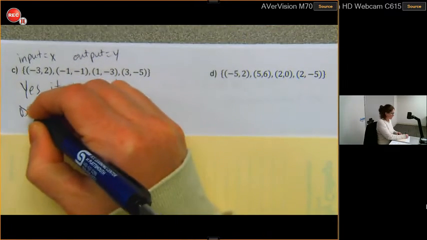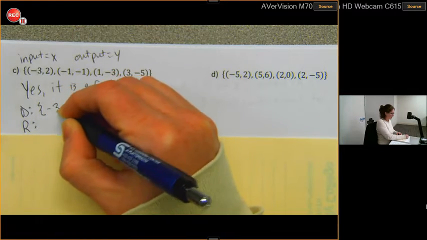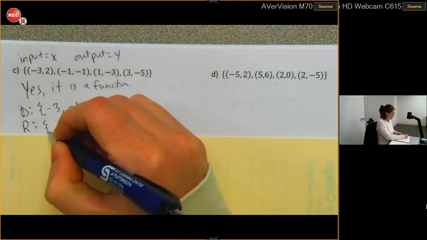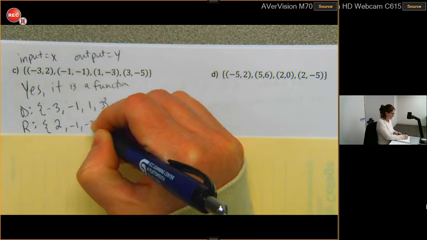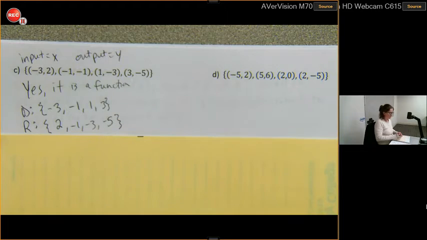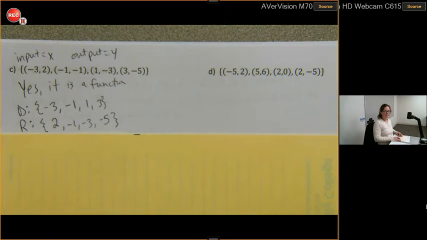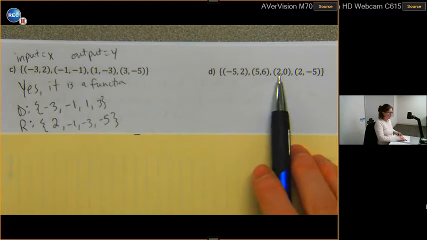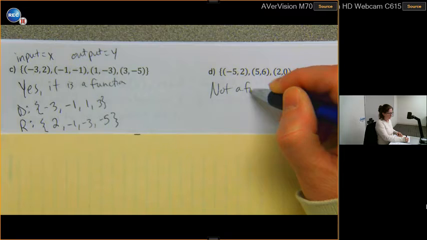Since it is a function, we can identify domain and range. The domain is the set of all the x values. The range is the set of all the y values. Looking at letter D, to tell if it's a function, I look at the x values and I notice a repetition. Therefore, this is not a function.